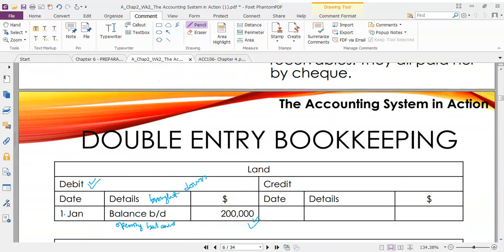Who knows? Can anyone explain to me? Why is the opening balance for land put on the debit side? Who knows?